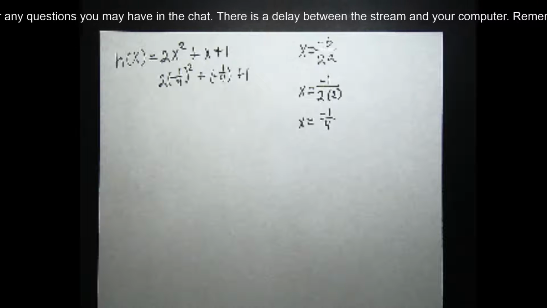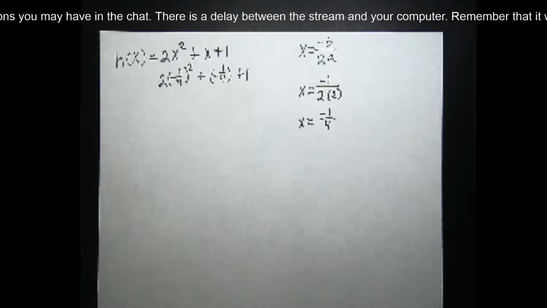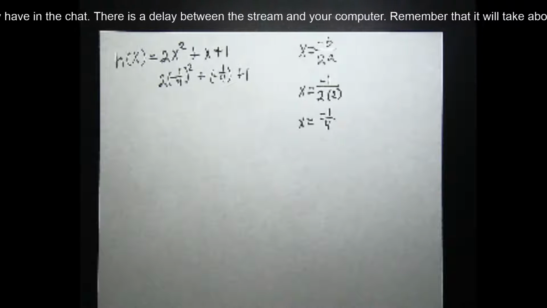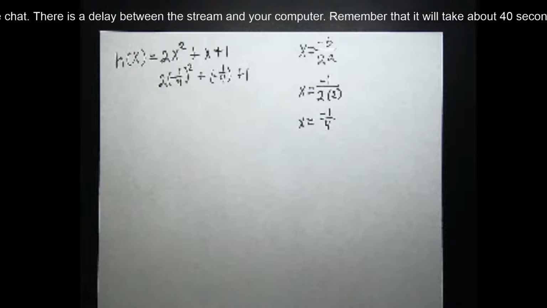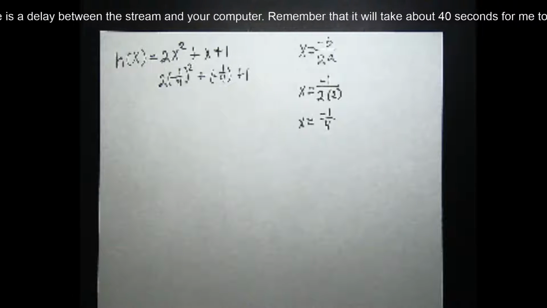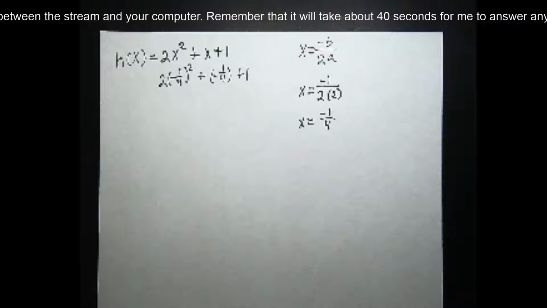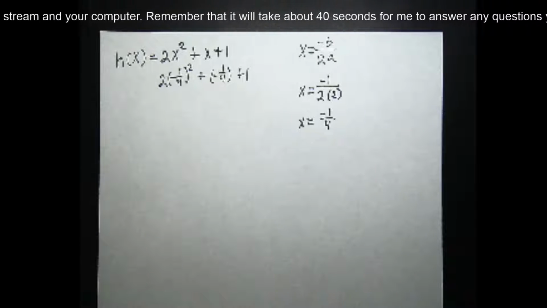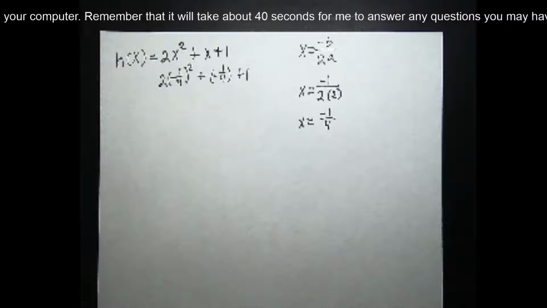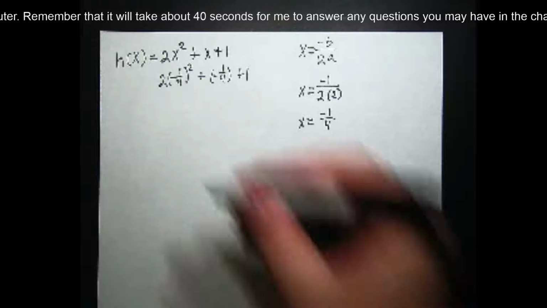Okay, let's see. Negative 1/4 squared is positive 1/16. And then positive 1/16 times 2 would be 1/8.